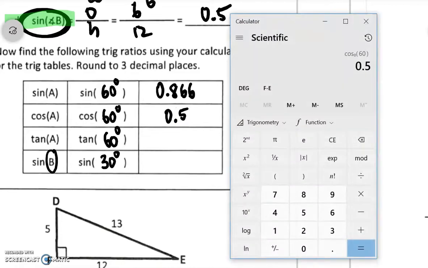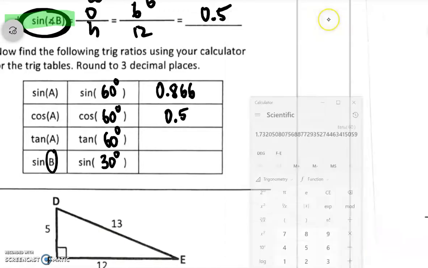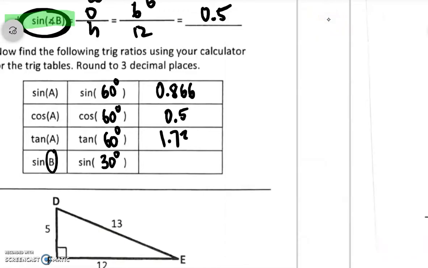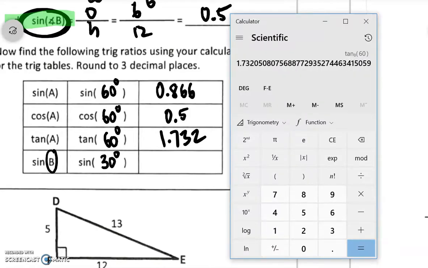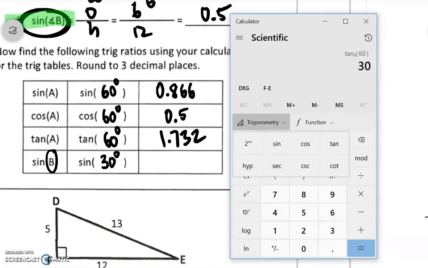Then we find the tangent of 60 degrees. So 60 degrees, tangent, 1.732. And finally, the sine of angle B. And remember, angle B is 30 degrees. So the sine of 30 degrees, 0.5.